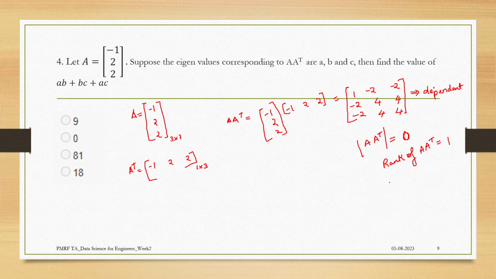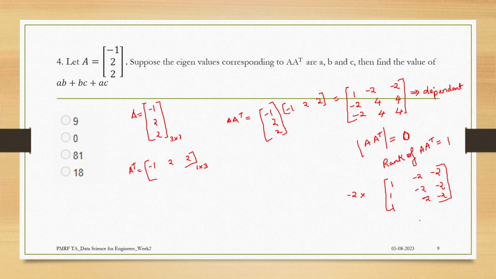Taking out minus 2 common, you can write 1 minus 2 minus 2 in the first row, and in the other rows also taking out the common factor, you can write 1 minus 2 minus 2. So you get the rank as 1.